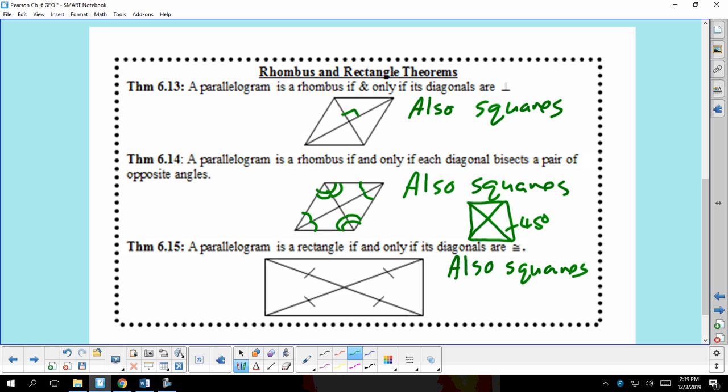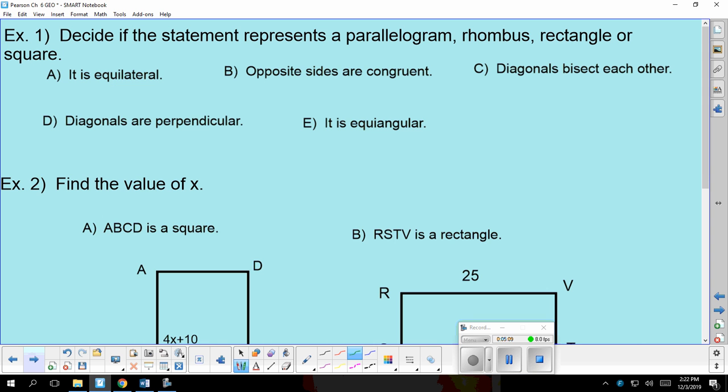For the next example, on that next page, I want you to decide whether the statements apply to only parallelograms, rhombuses, squares, rectangles, or all of them. So take a few minutes and go ahead and try that. All right, let's see how we did.